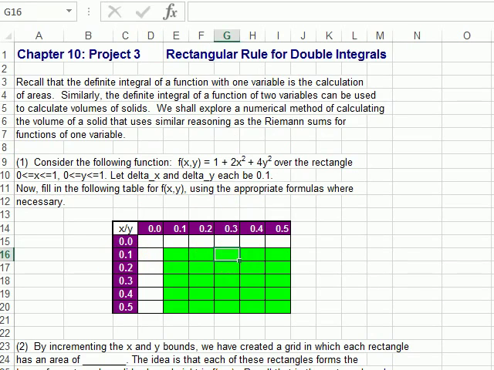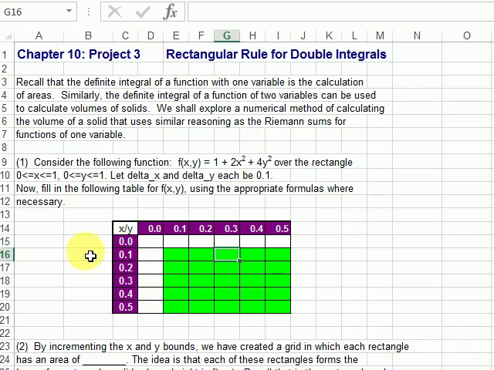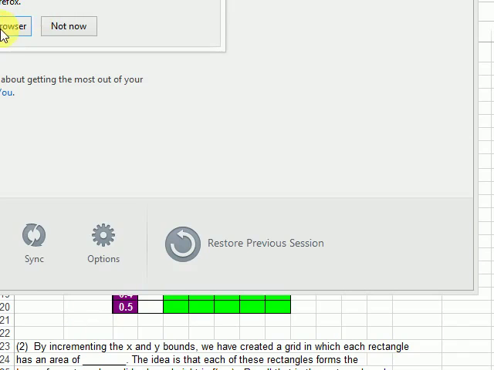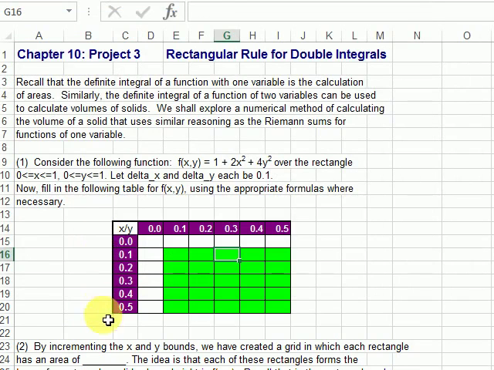And in our figure, 0.1 and 0.3 is here, like that. So try to look at this Excel table in that manner. This is the x-axis and that is the y-axis, so try to look at this table from this direction.